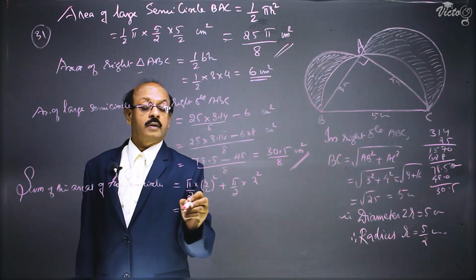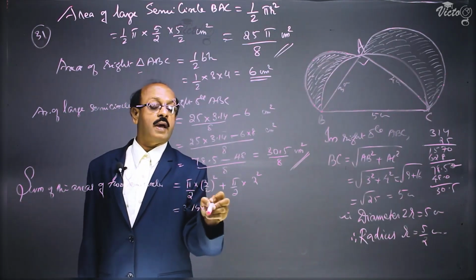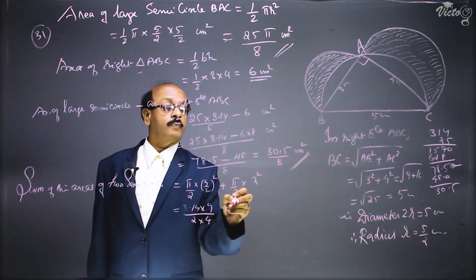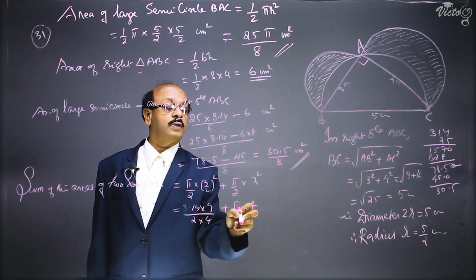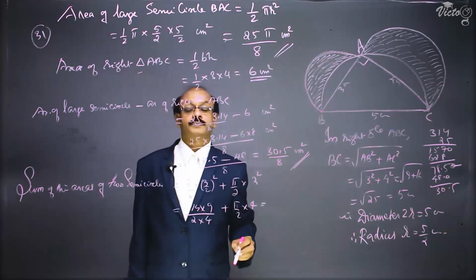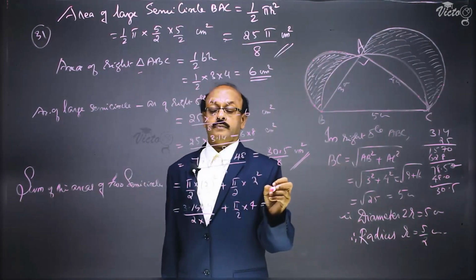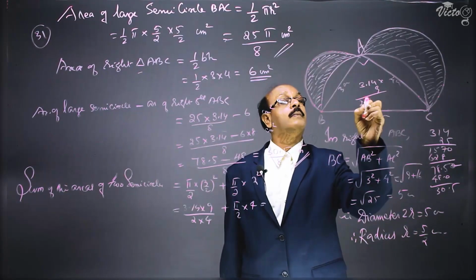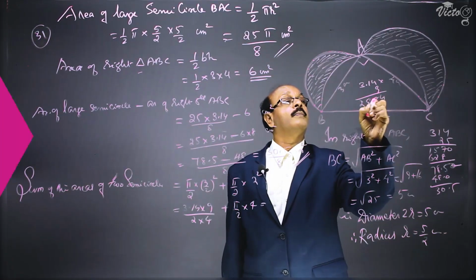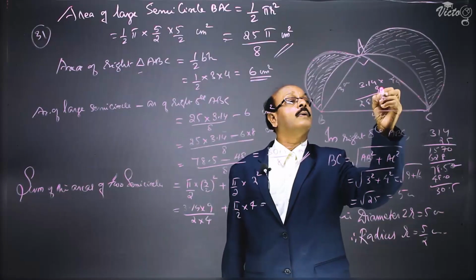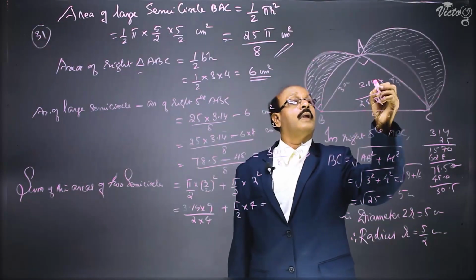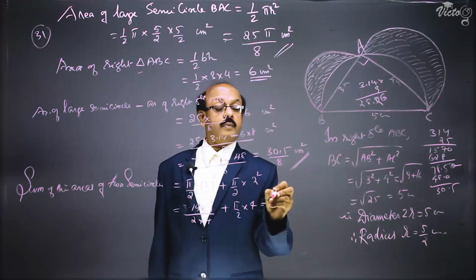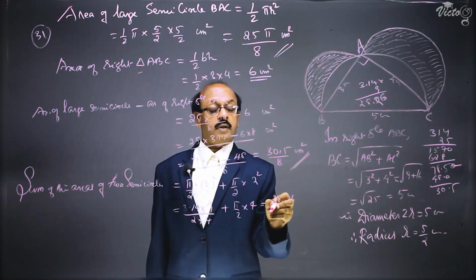Here it is 3.14 into 9, since 3 square is 9, divided by 2 into 4, plus pi by 2 into 2 square, which is 4. So 3.14 into 9 is 28.26, so 28.26 by 8.